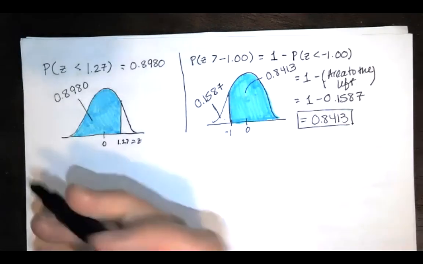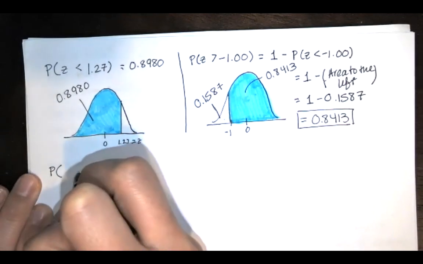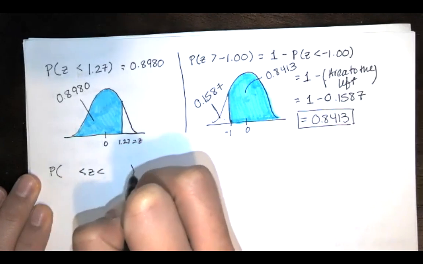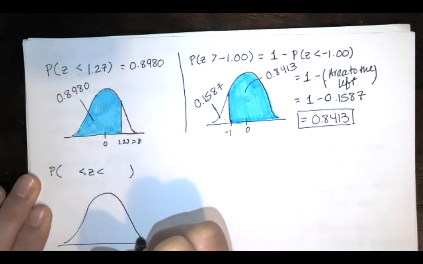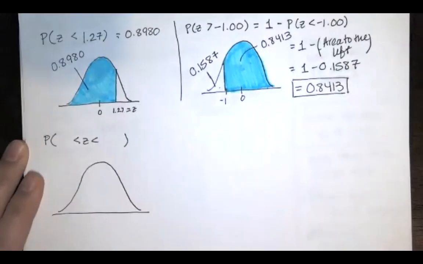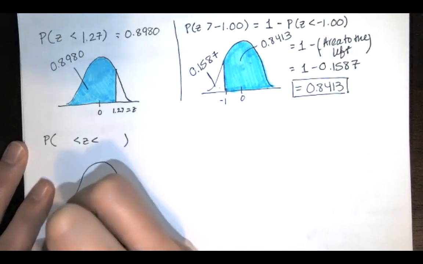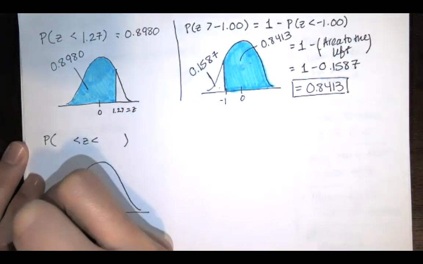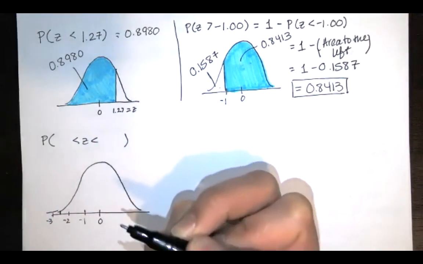So I'll draw a picture. Here's Z equals 0. Z equals -1 is there. Let's say -2 is there. -2.5 would be out here.